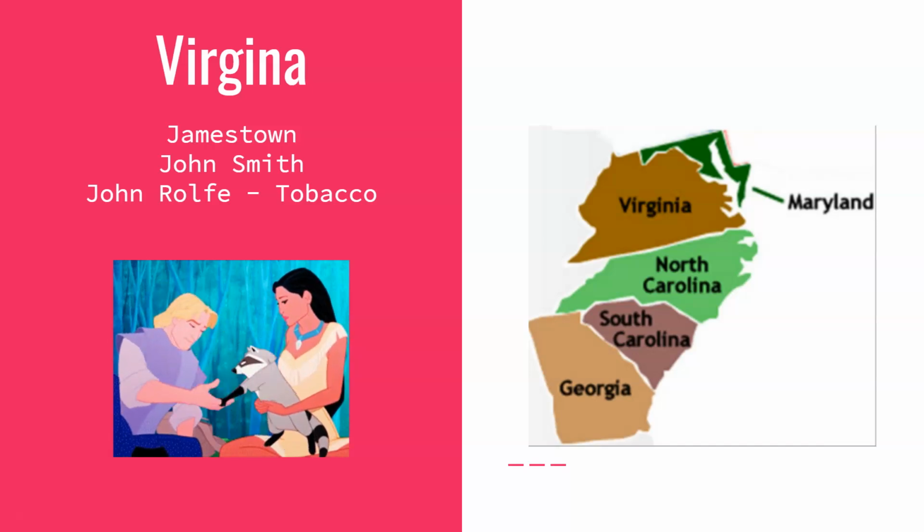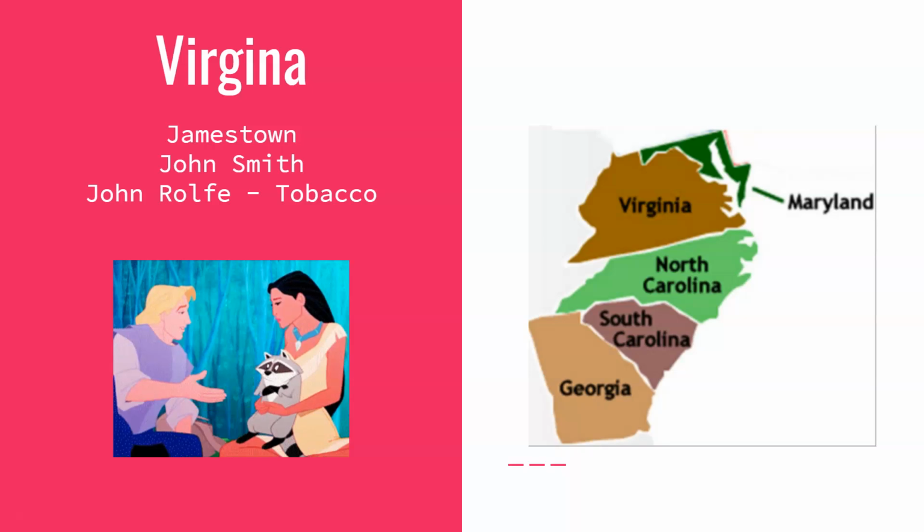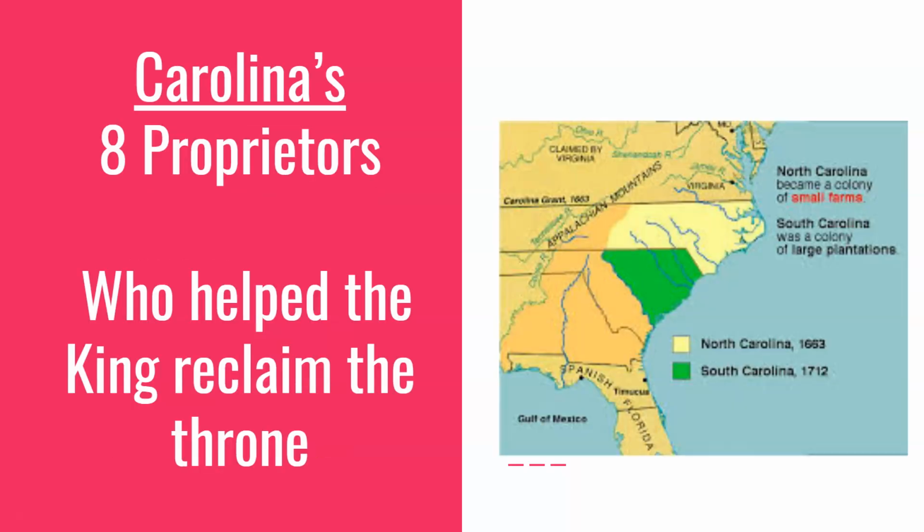So now we're going to talk about North and South Carolina. Write this stuff maybe under North Carolina for right now. Just FYI, the Carolinas used to be one giant colony. It was called the Carolinas. And what happened is the king, and this is history that you don't need to know, but kind of need to understand. Oliver Cromwell had taken over England.